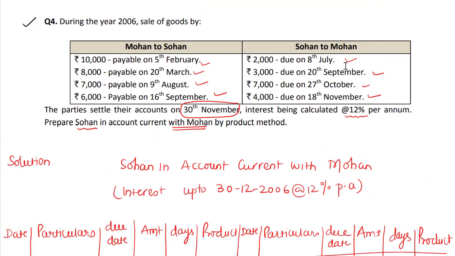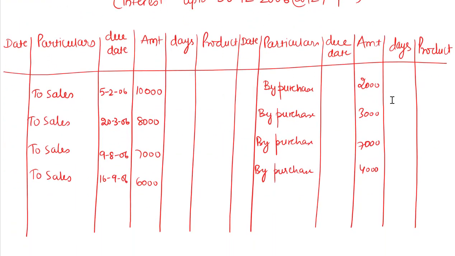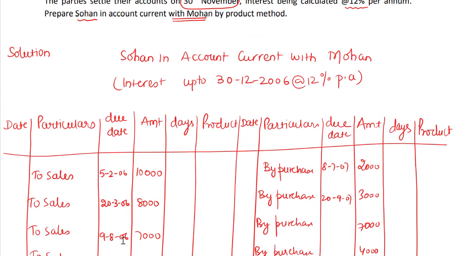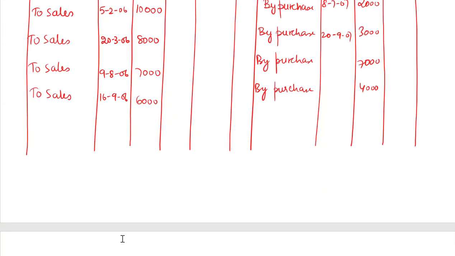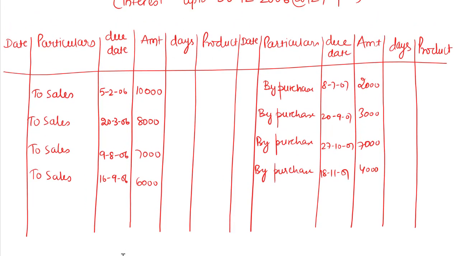The due dates 8th July, 20th September 07. Then 27th October 07 and 18/11/07. I believe you understood till here.